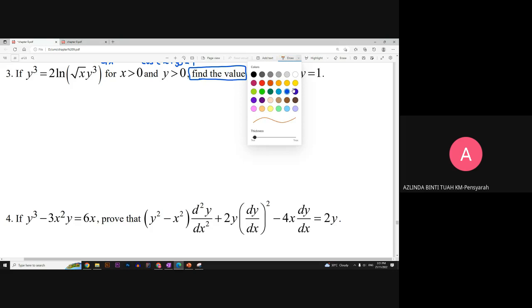I'm going to put the instruction first. D per dx on the left and right. Then we decide the rule. Okay, on the left, we're going to apply the power rule with 3 steps. Bring down power, power minus 1, differentiate inside the bracket.